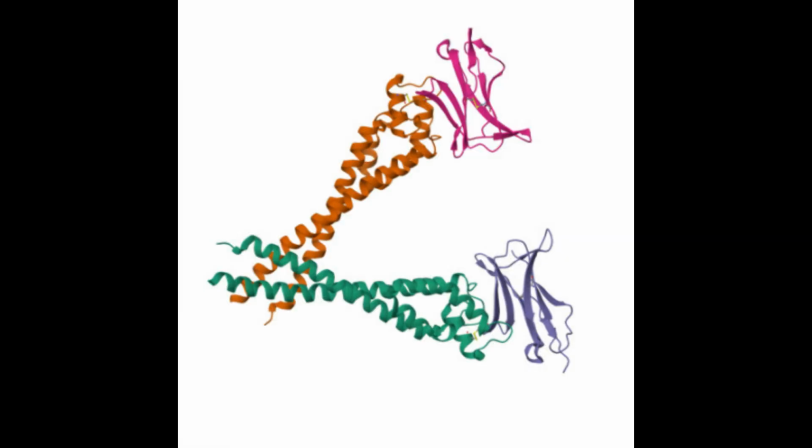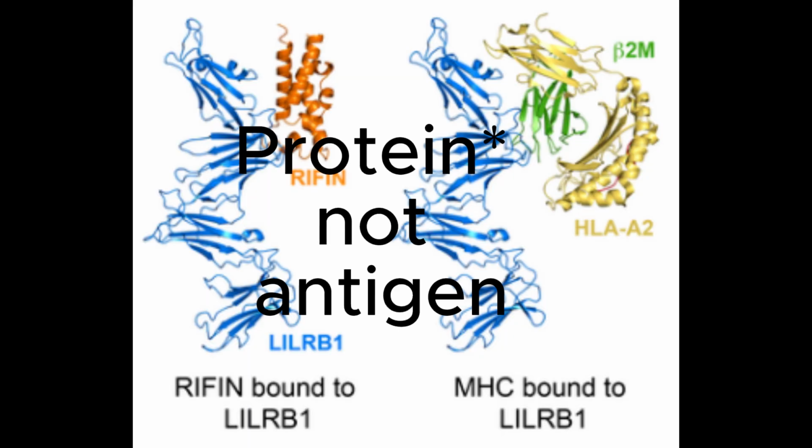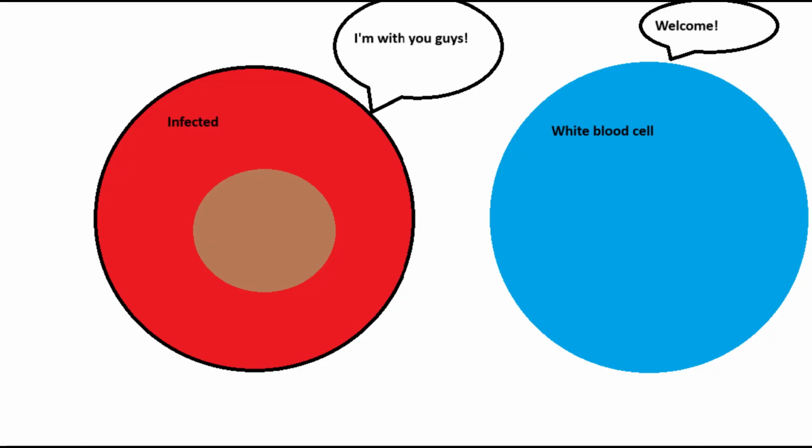Riffins, a type of malaria's surface protein, are able to alter their shape to match that of a native antigen. These are able to bind to cells in the immune system and basically tell the immune system that they're also native to the body and don't mean any harm.